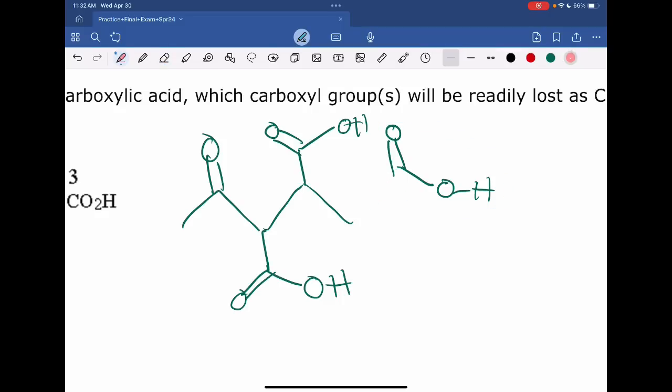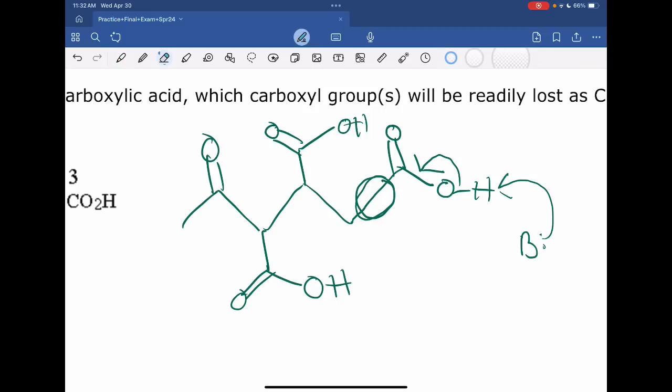So when we break that bond, let's say a base comes in, grabs this H, makes the CO2 bond, you have to break this bond. But where are you going to move it to? You can't do anything about this bond. The only way you can move it is to go here, but it doesn't make sense. You would now have 5 bonds on this carbon. So you can't really get rid of that.